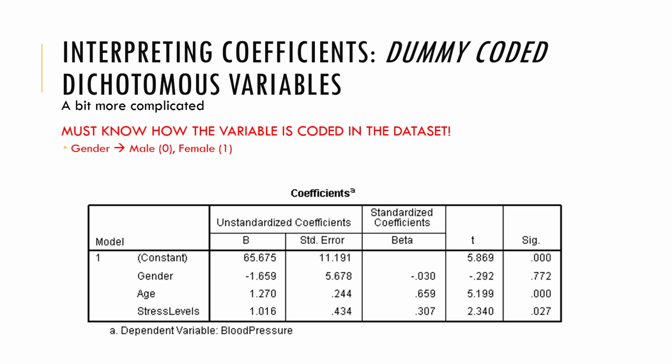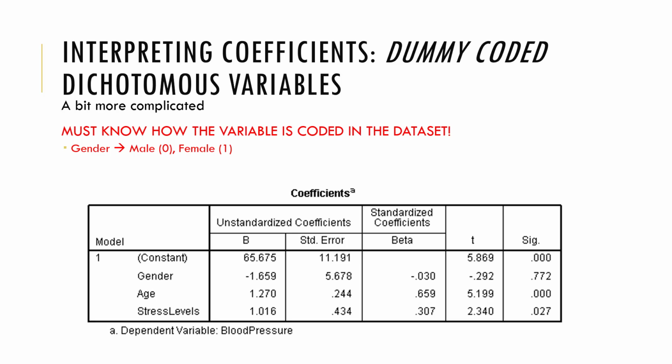So okay, what do we do? For every unit we increase on gender, we go down by 1.6. No, that doesn't make sense. That's how you would interpret a continuous variable. That's not how you interpret a dummy coded variable. What this suggests is that whatever you've coded as 1, when you compare it to your reference category of 0, if it's a negative number, it will be lower than.